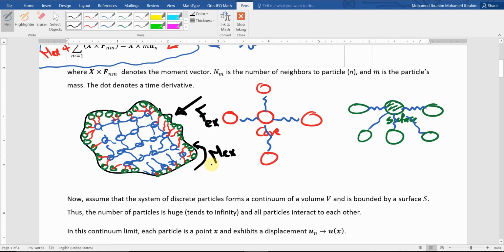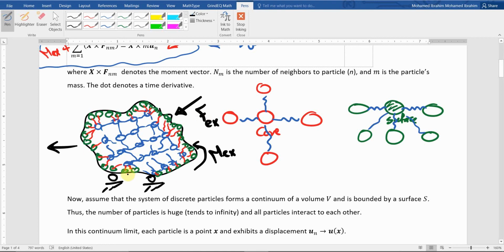And we knew this from the mechanics of material class or even from the dynamics class. One of the options, for example, is that we put some wheels or rollers under this material over the surface, and we try to push this material, so this material will definitely move. This is one of the results of the external force that acts over this continuum.